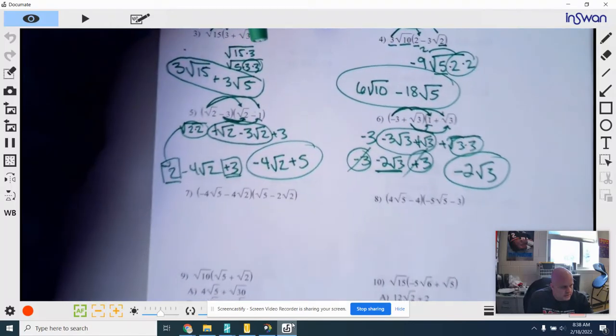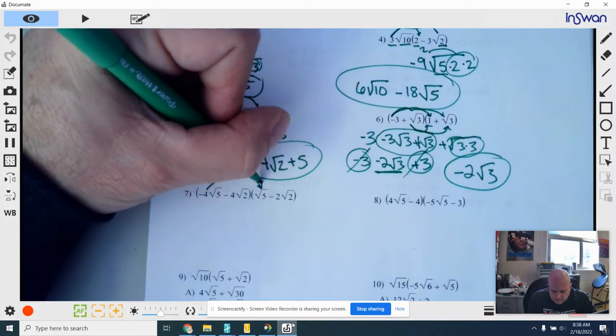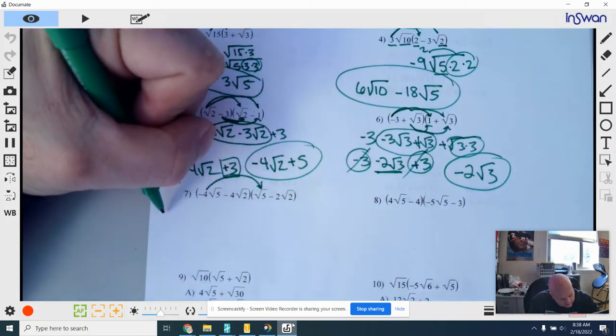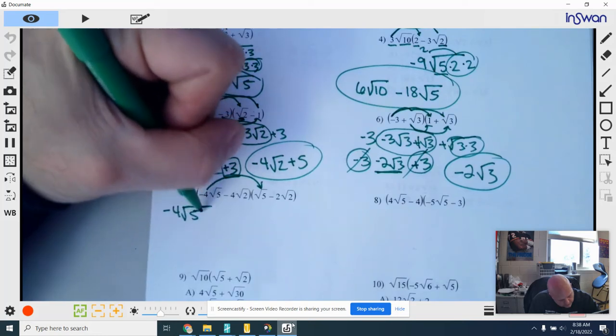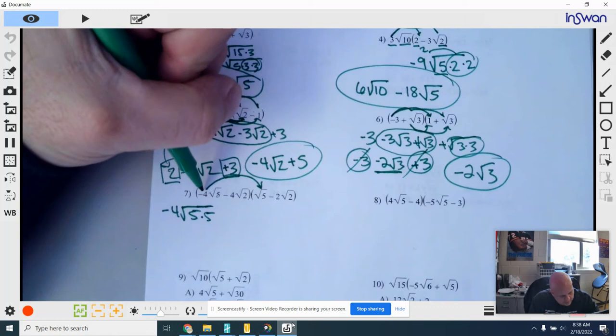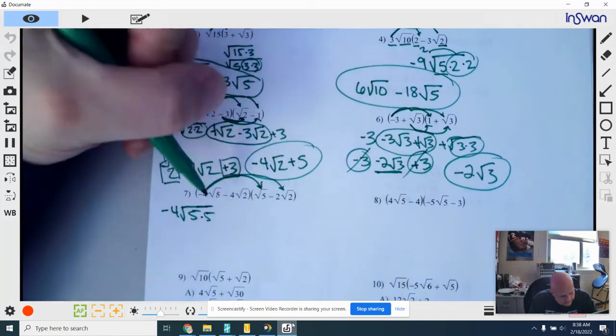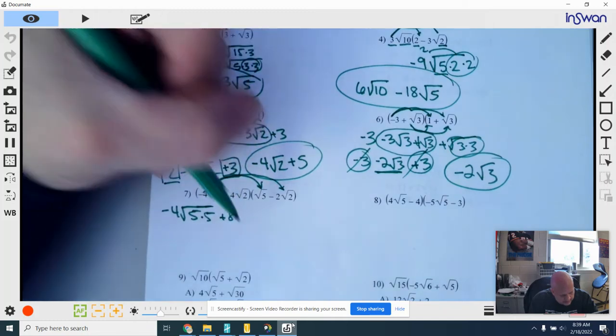Okay, number 7. We have negative 4 root 5 times root 5. So negative 4, and then here's for this root 5, and because of this one, I'm going to put that one underneath there. Okay, then I go to the back. So negative 4 times negative 2 is positive 8.